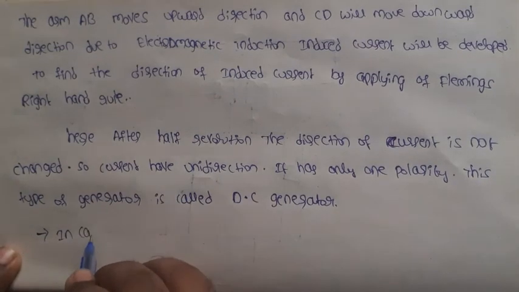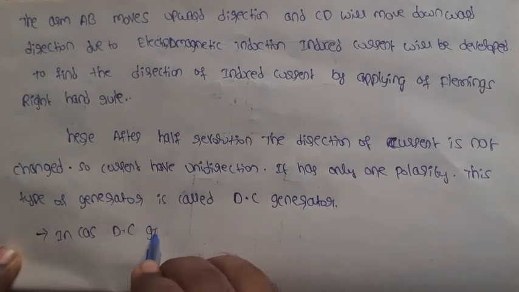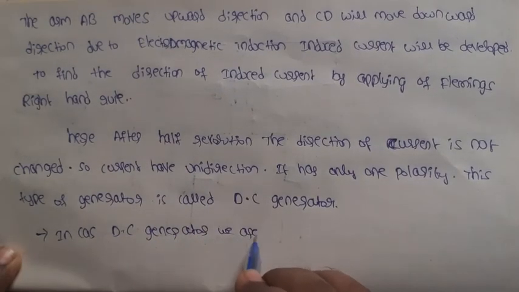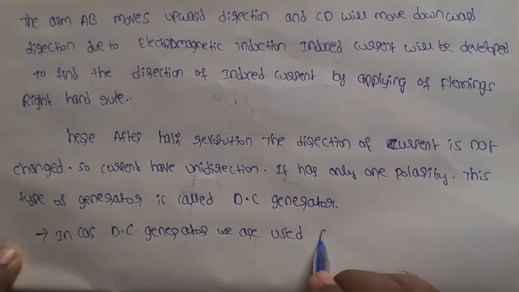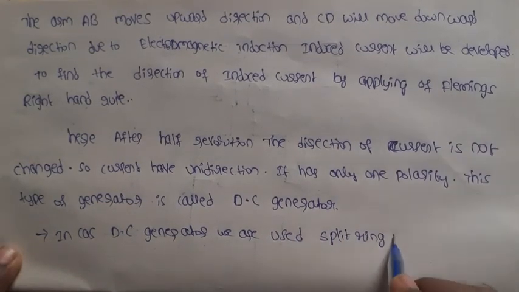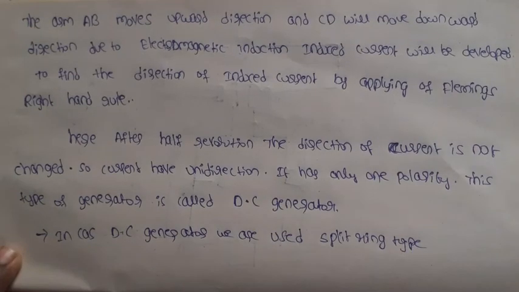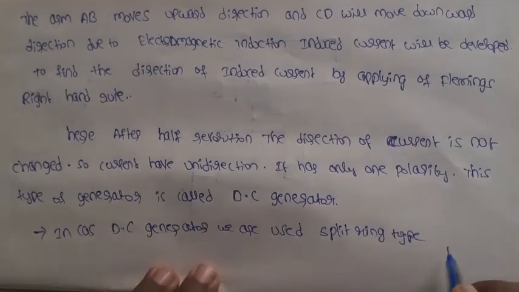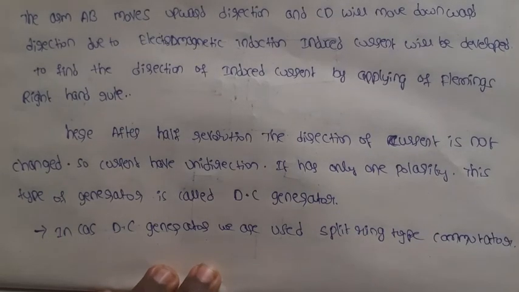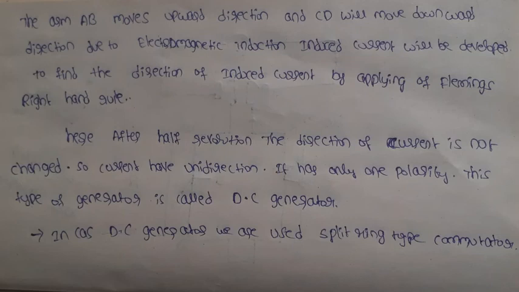In the case of a DC generator, we use a split ring type commutator. That's why the current direction is not going to change. That's why it is called a DC generator.